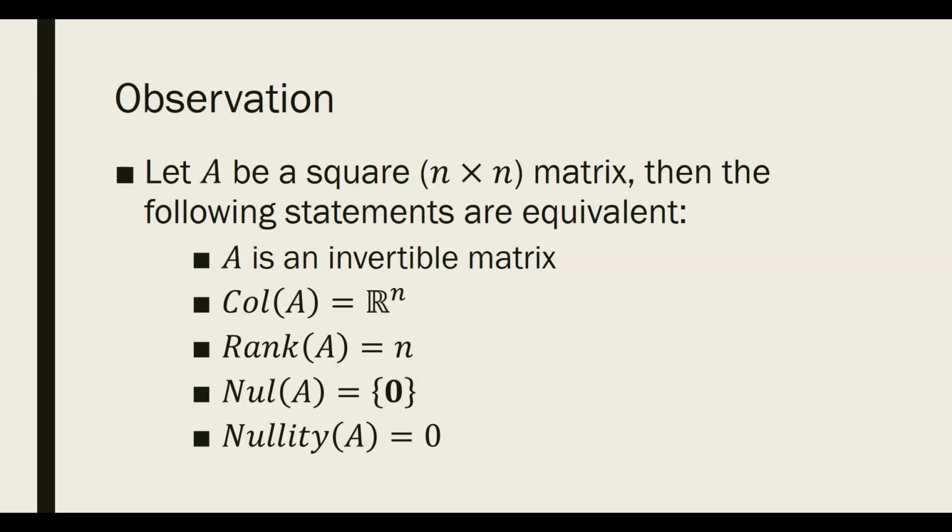If it row reduces to the identity, then we're going to have n pivot columns. So the rank of A is n. And since we're an n by n matrix, our vectors are coming from Rn. So I have n linearly independent vectors from Rn. That means that the column space has to be Rn itself.